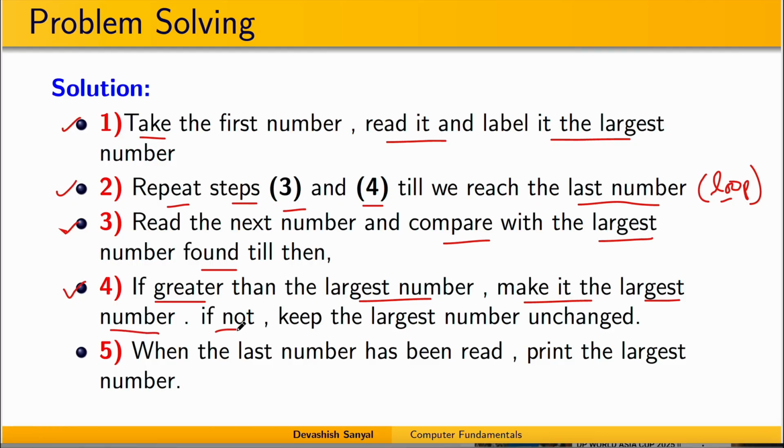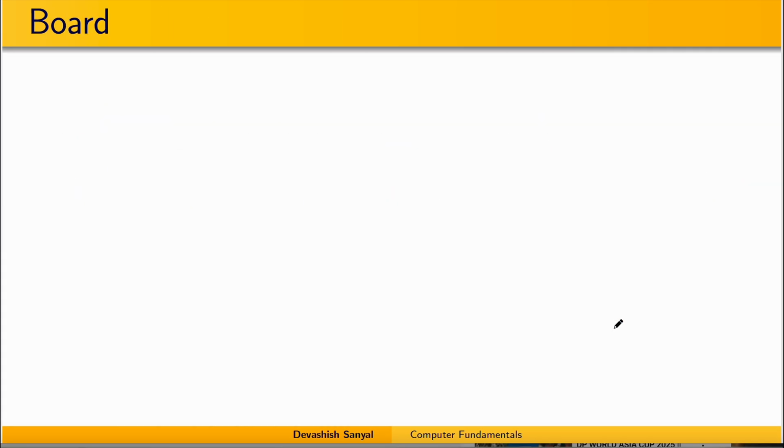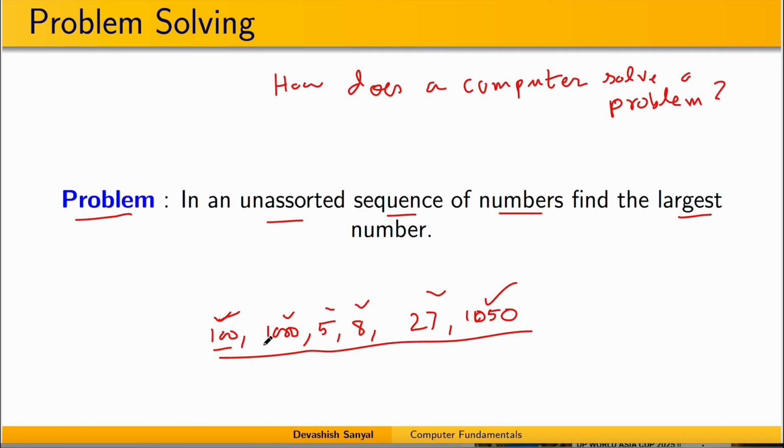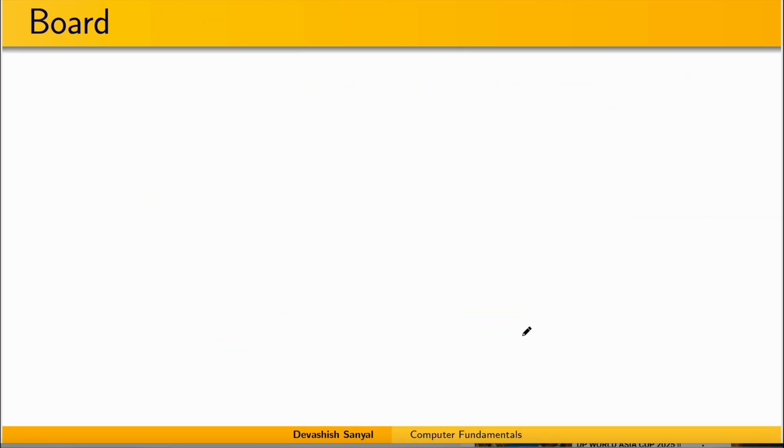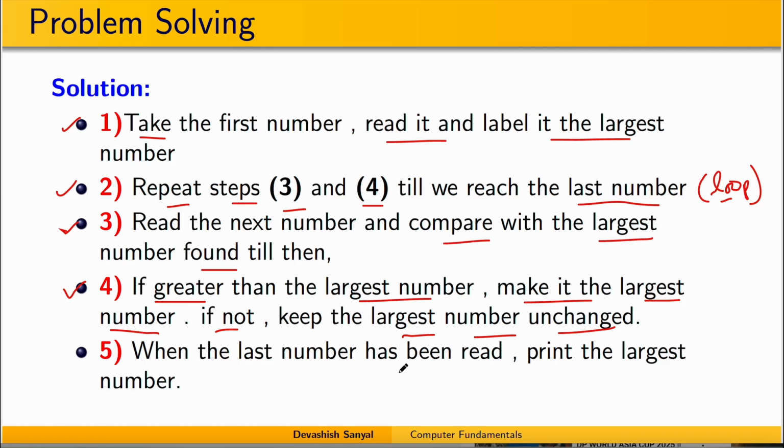If not, then keep the largest number unchanged. And you have to keep doing this till you have finished all the numbers: 1000 is the next input, then 5, 8, 27, 1050. Once you have exhausted all the numbers, when the last number has been read, print the largest number.